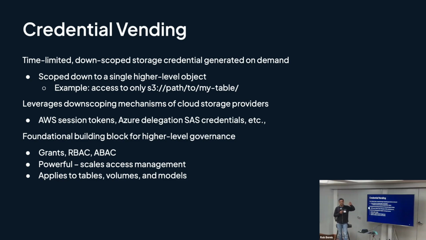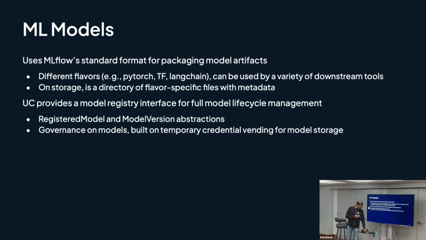And this allows the administrator to control all of their governance in one central place, with the engines being able to get access as needed. So this was lacking in all existing catalogs. This is a core building block that was needed for us to support broad governance.